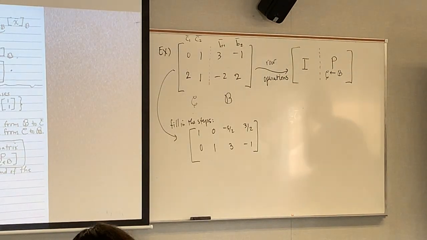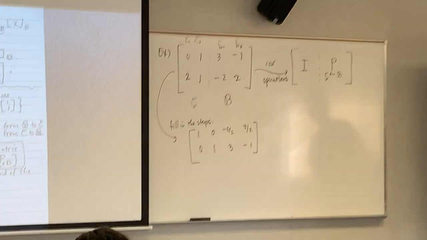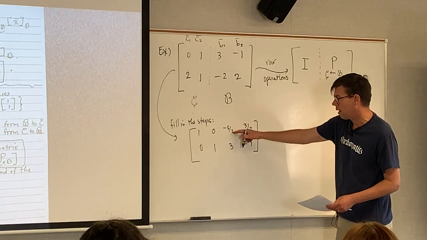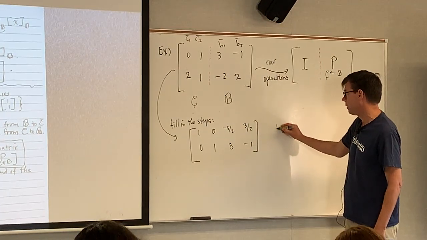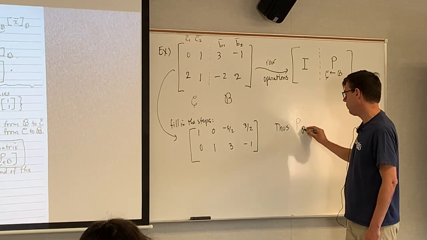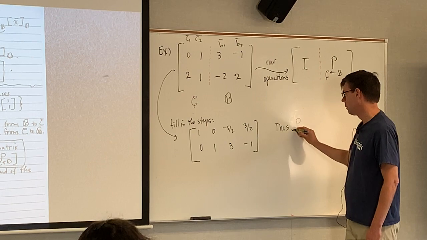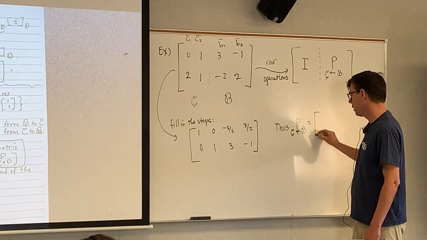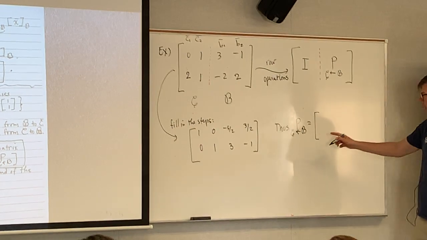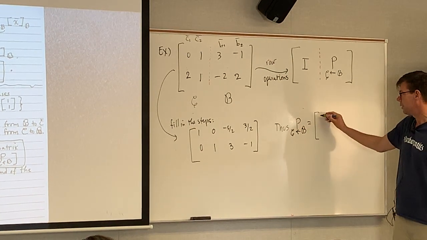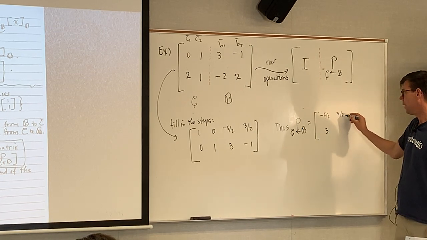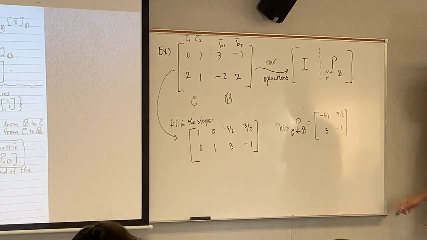So I row reduced, and we should all get the same thing. So pluck off those last two columns. It's very anticlimactic. The hardest part is writing your curly B's and curly C's. So this matrix is negative 5 halves, 3, 3 halves, negative 1.